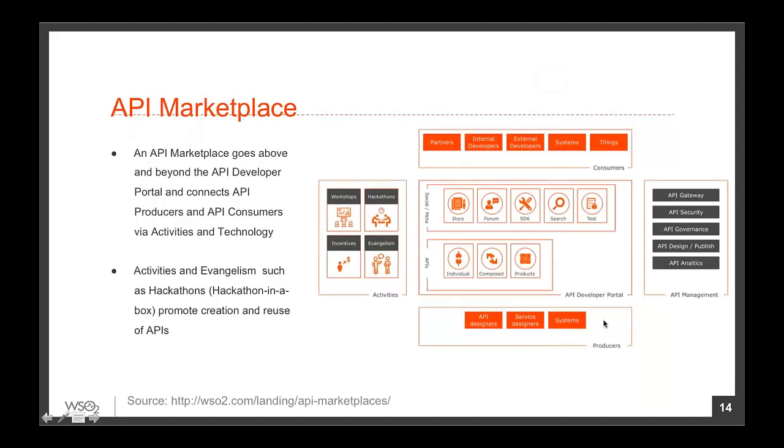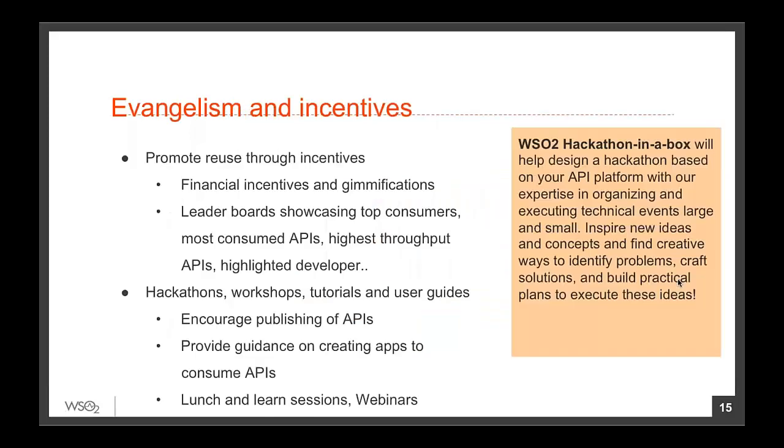But also you're connecting the API producers at the bottom of the diagram to the consumers, and you have technology on the right-hand side, which is shown there. You have the API gateway, that's the runtime, API security, the governance models, the analytics models, etc. And on the left, you can see the various activities like workshops, hackathons, incentives, evangelism, etc. Right? Monetization, so on and so forth. So everything's needed for a successful marketplace there.